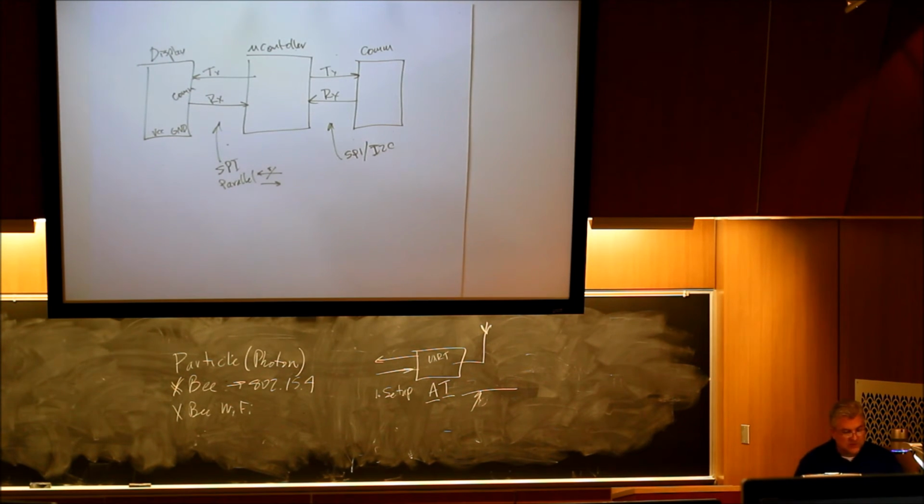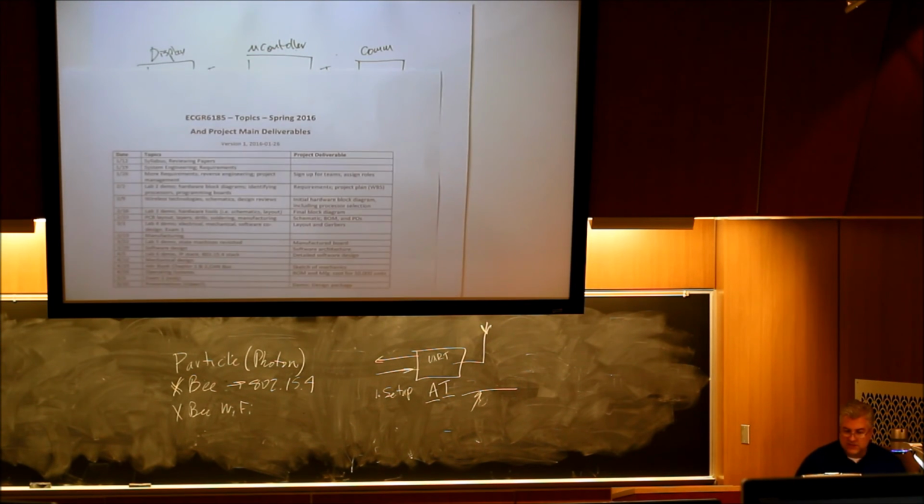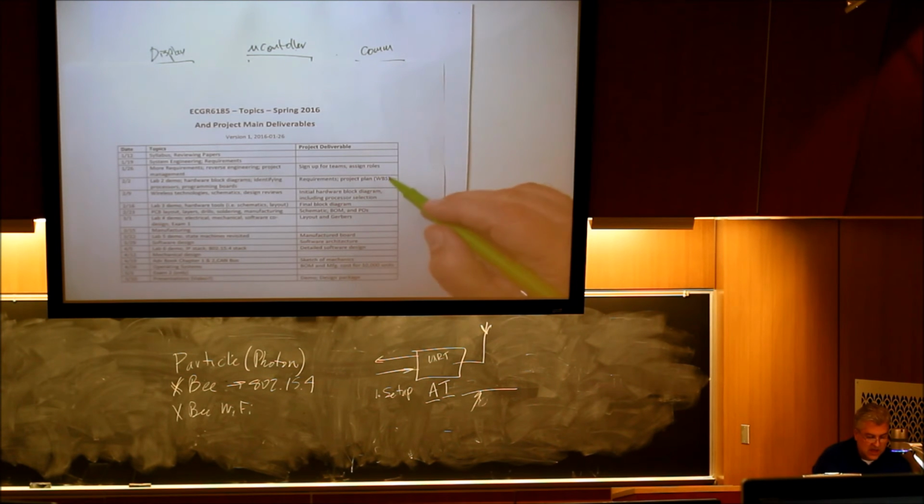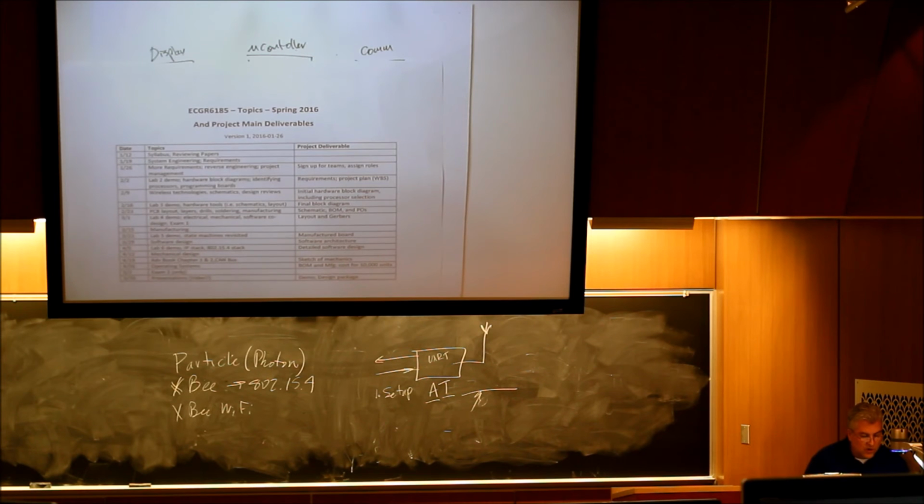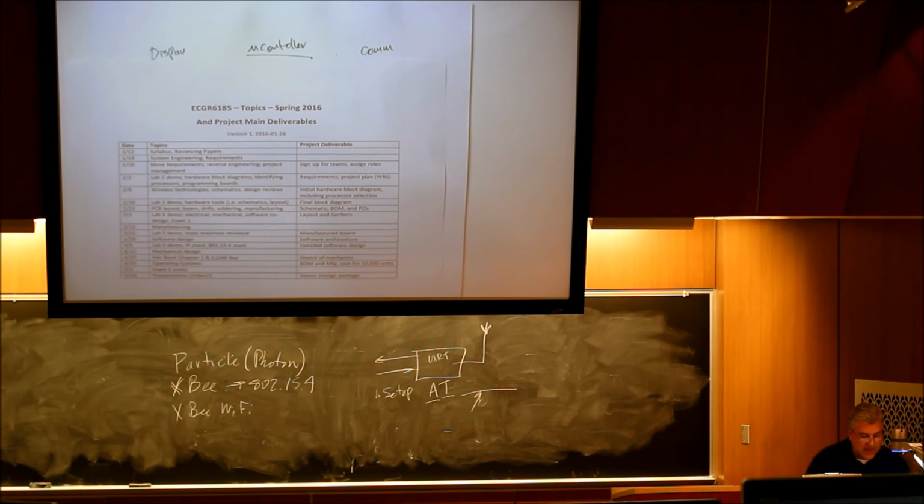So you're going to have to do the following for our next assignment. Today you turned in on Moodle your requirements and your project plan, and next week is your initial block diagram including processor selection.